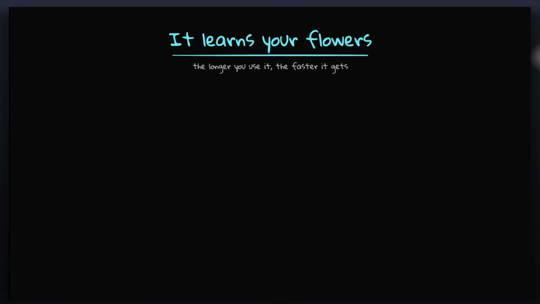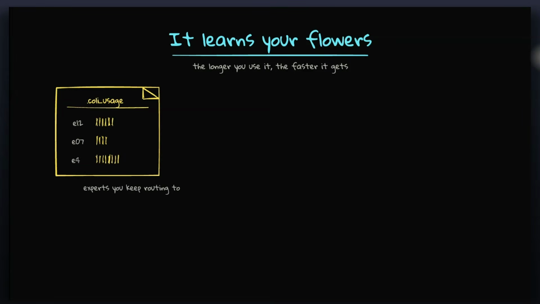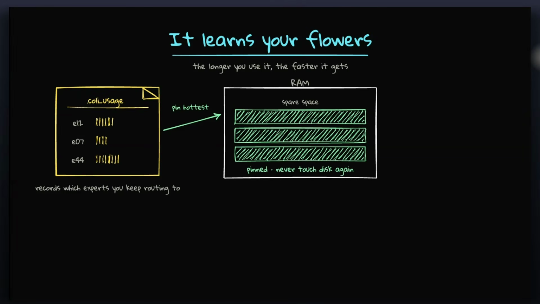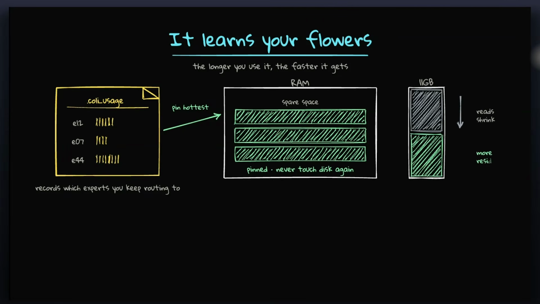Okay, but it doesn't mean that it's going to always remain slow. The longer you use this, the faster this is going to get. Now, the idea is that they use a file that quietly records which experts your actual prompts are getting routed to. And then it pins the hottest ones into any spare RAM you have got. So they never touch the disk again. So in theory, the more you use it, the more it's going to learn about the experts that it needs, and it's going to keep them resident.